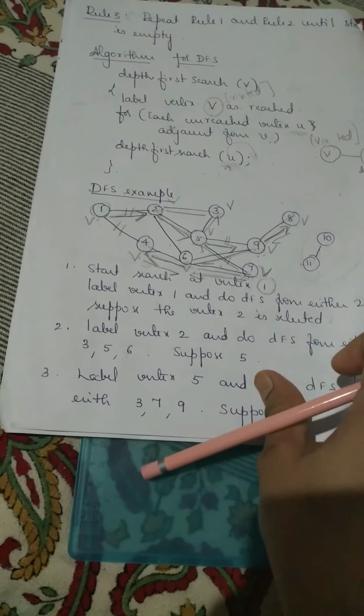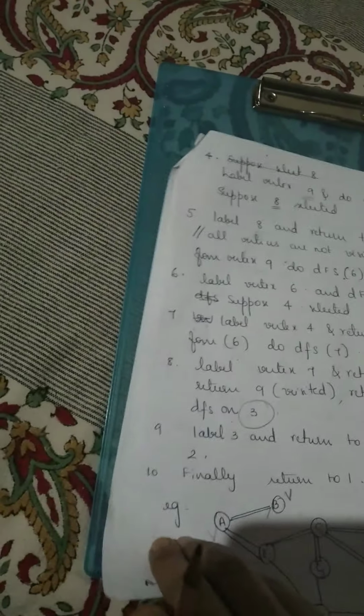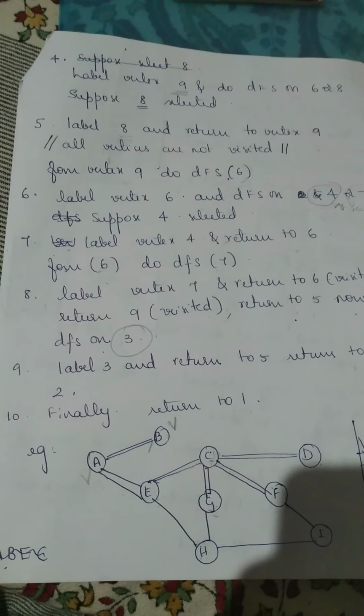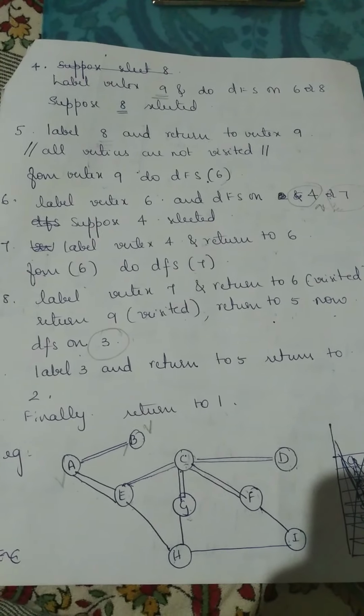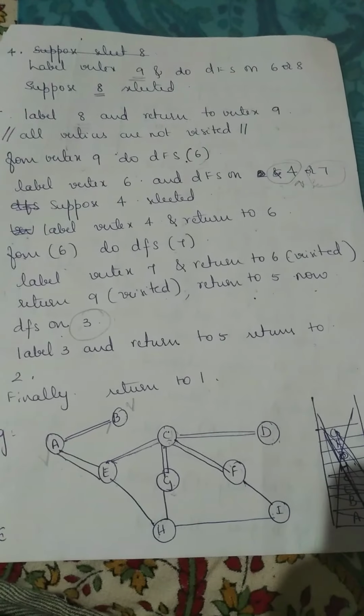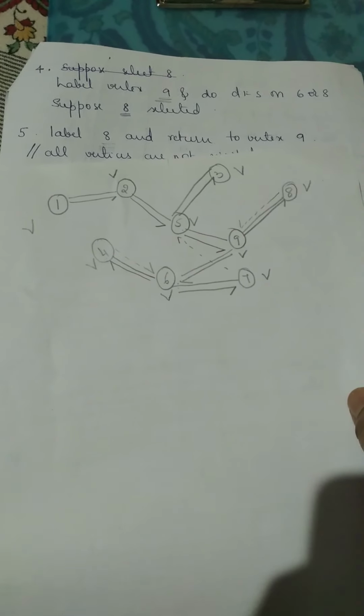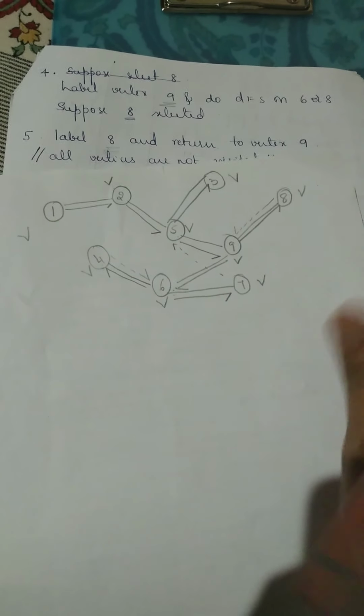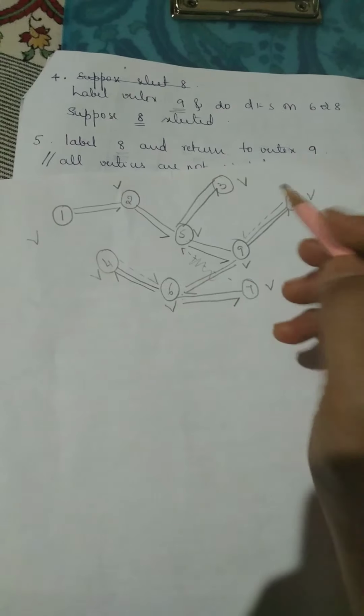The method is given here. Label 7, return to 6 and return to 9, and then there is no more.